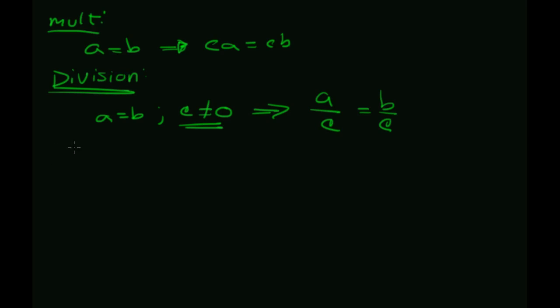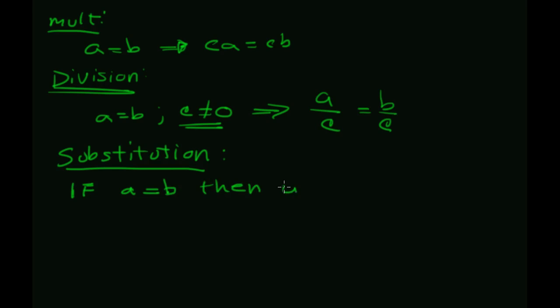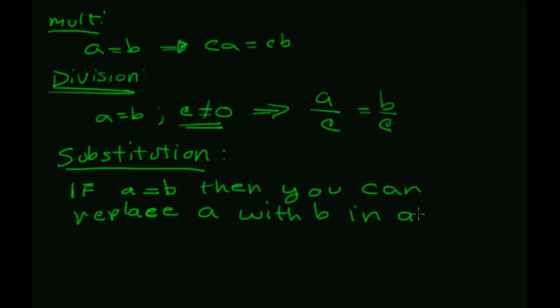Another thing that we commonly do in algebra is substitution, which basically says that if two things are equal, so if A is equal to B, then you can replace A with B in any equation or inequality.